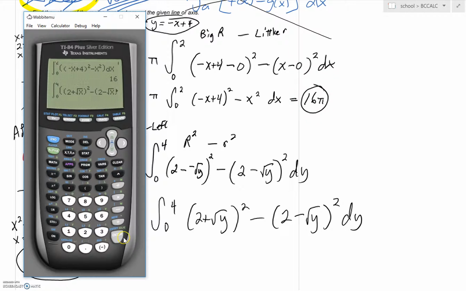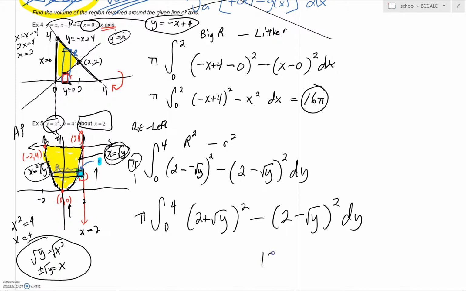When we hit enter, it's going to think and cook it up a little bit. You can see that it's going to take a while. And if we were to, more or less, try to hit math frac, we might not be able to get that to work out. At this point, you could just multiply by pi, and we'd get 134.041.